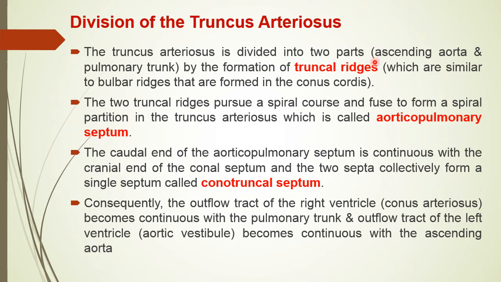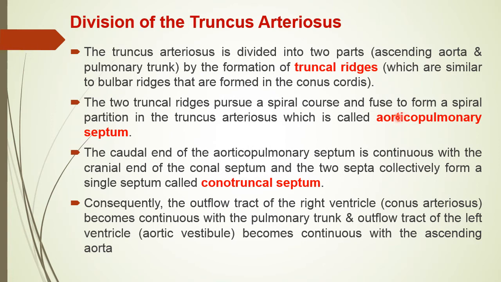The ridges appear, they grow toward each other, fuse with each other, and they form a septum. It is not called truncal septum, usually it is known as aorticopulmonary septum. But the septum in the conus cordis, that is conal septum, and the aorticopulmonary septum, because they meet each other edge to edge and are continuous with each other, are collectively known as conotruncal septum.